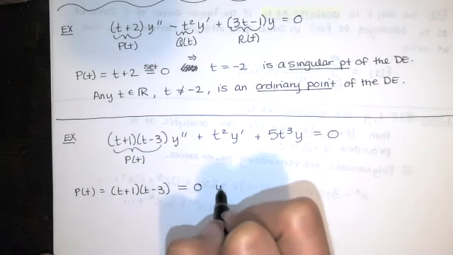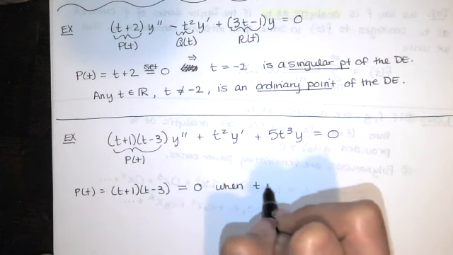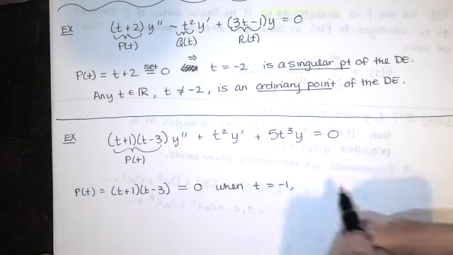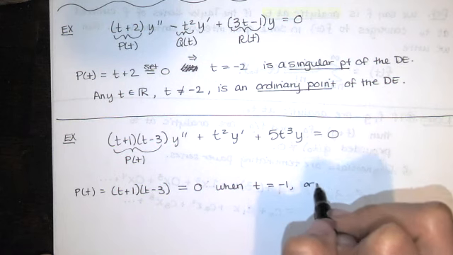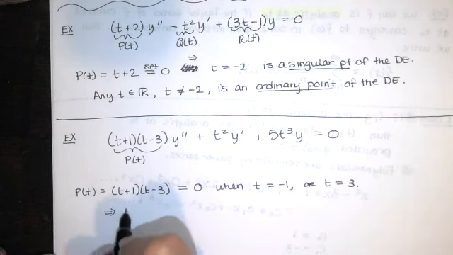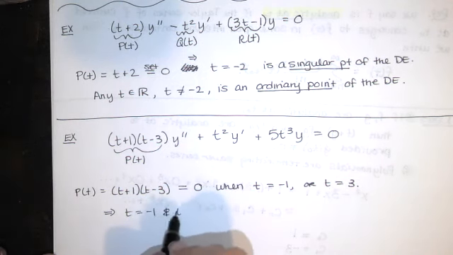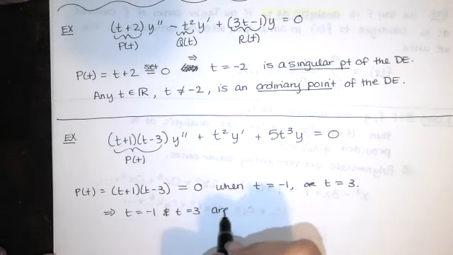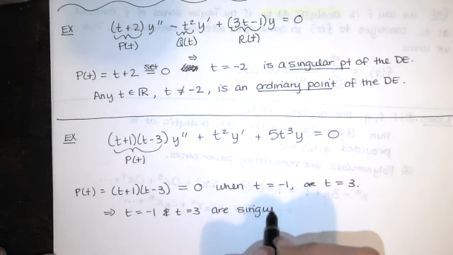P of t is equal to 0 when t is equal to -1, or when t is equal to +3. So that means that t equals -1 and t equals +3 are singular points of this differential equation.